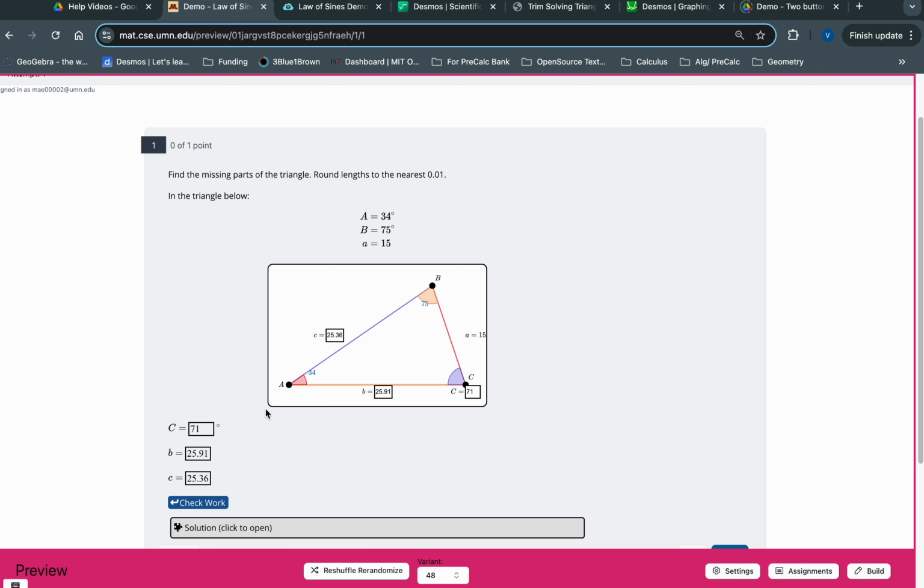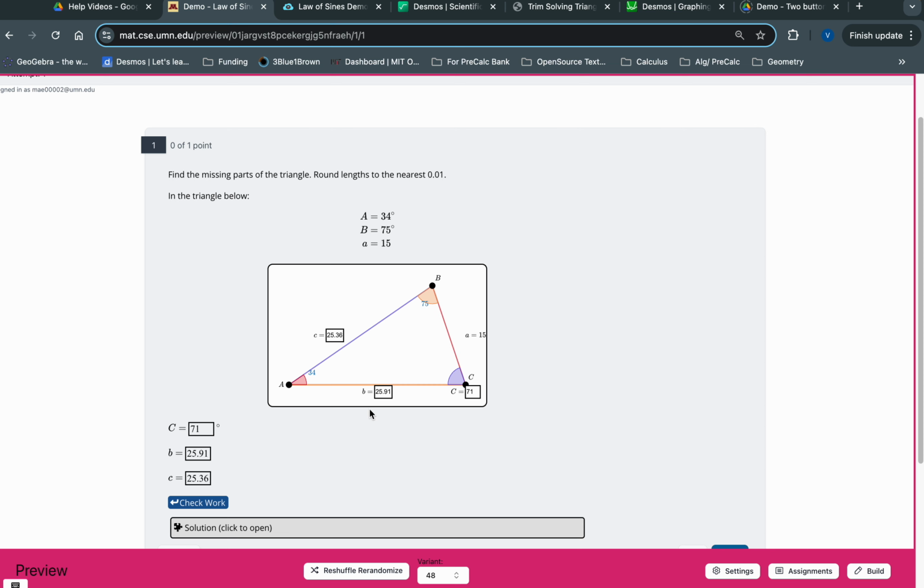And we're done. Another thing that I like to do before you submit it is check your values, because they're really easy to mix up. If you have multiple answer blanks and you're doing calculations and then pulling them from your sheet of paper over into the tool, it's really easy to copy down the wrong number. So a great thing to do when you're looking at triangles is to make sure that the numbers make sense with the angle sizes. 75 is really close to 71, but it's larger than 71.